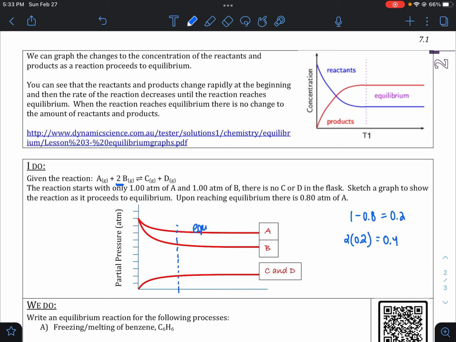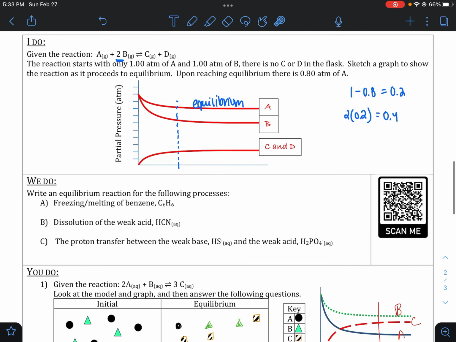We have reached our equilibrium. The key there is reading the question, knowing what you're starting with, and then using our balanced chemical equation. Make sure you're watching the We Do videos and answering those questions.